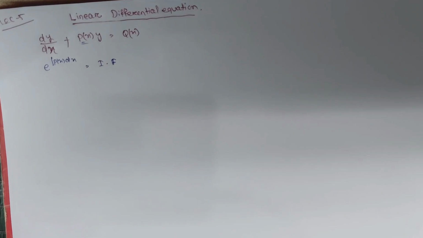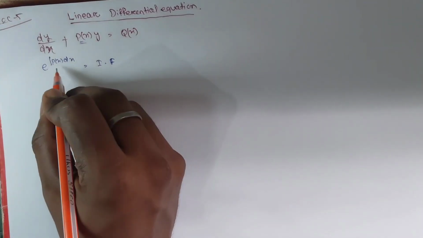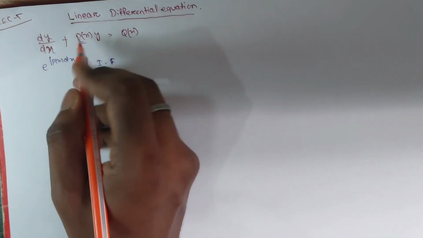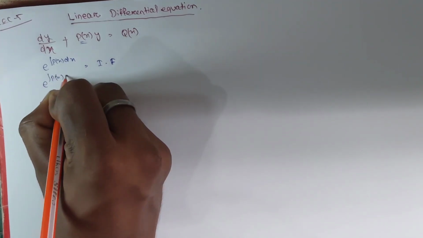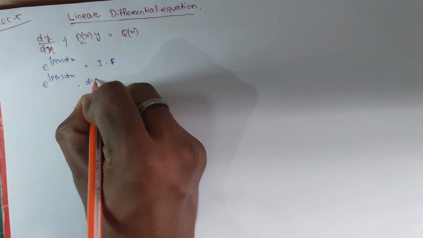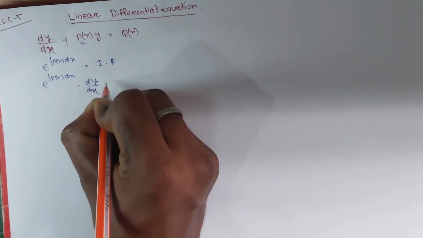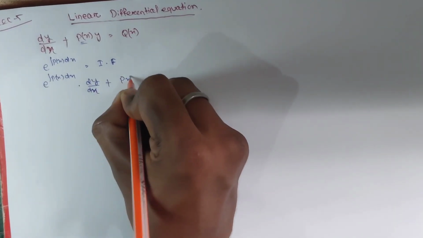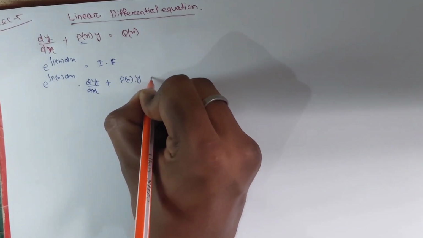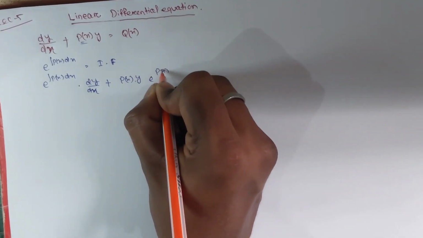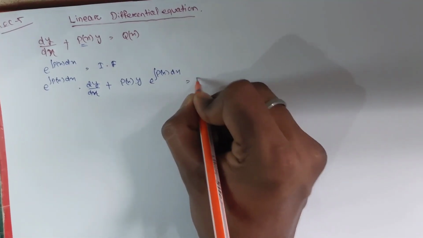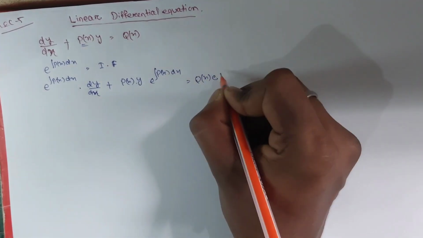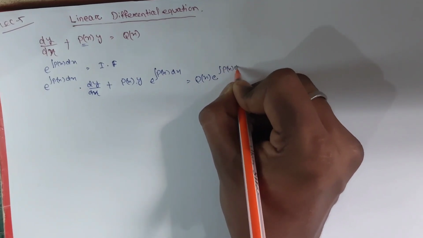Okay, so let us multiply this integrating factor on this equation. Then we see e^(∫P(x)dx) into dy/dx plus P(x) y e^(∫P(x)dx) equals Q(x) e^(∫P(x)dx).